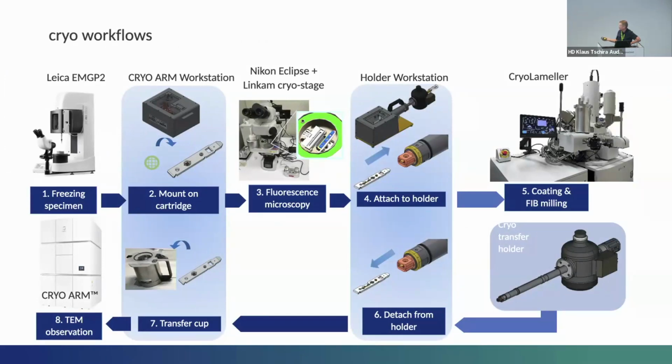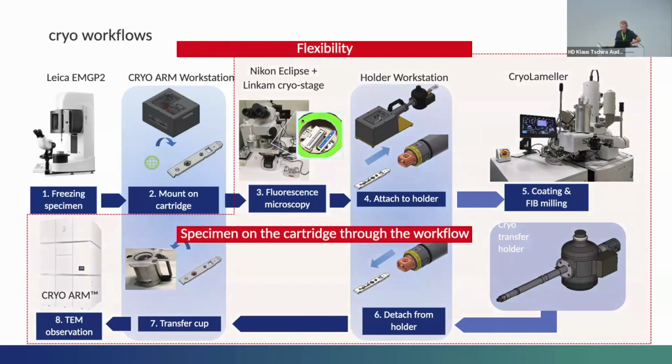So if you happen to have a side entry microscope and wish to do electron tomography or screening, you can go directly from this point into a more conventional cryo TEM without having to acquire one of these larger, more expensive and more dedicated instruments. So essentially their entire philosophy is based around utilizing the specimen cartridge throughout the entire workflow.